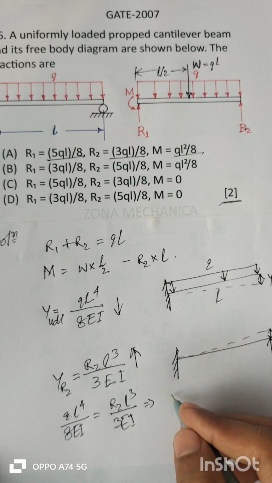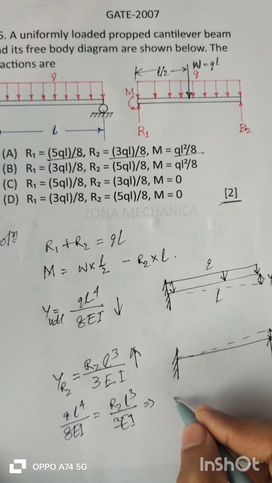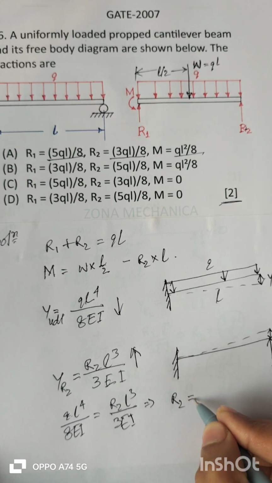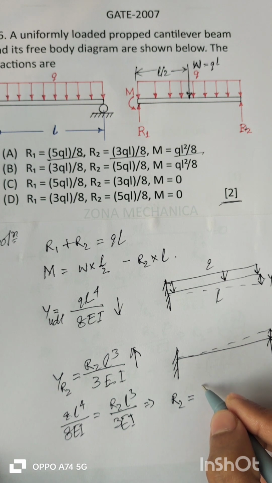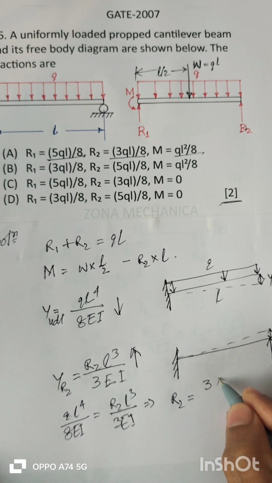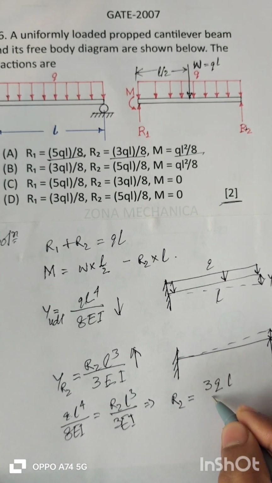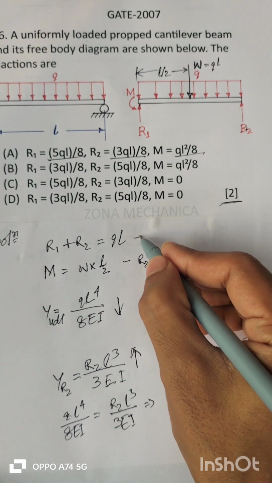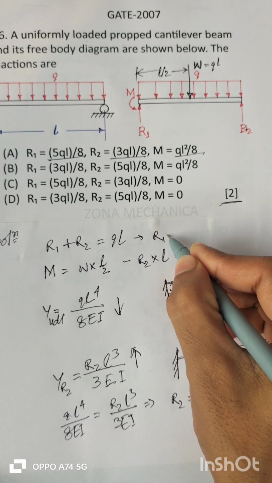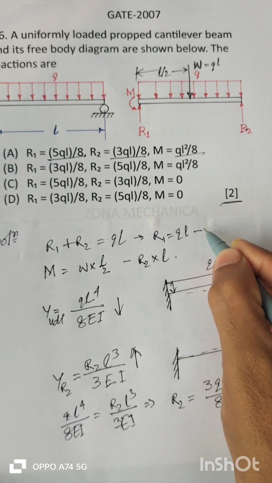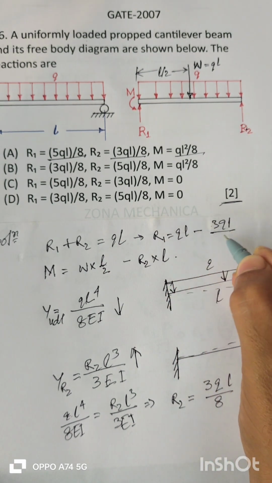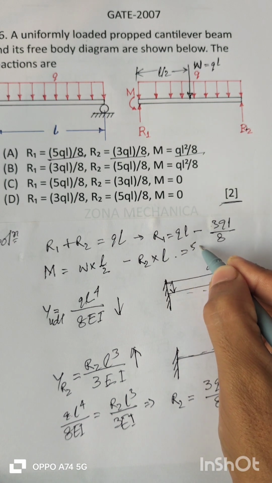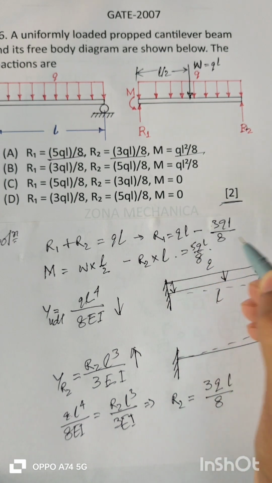So this will give R2 is equal to 3QL by 8. From here we will get R1 is equal to QL minus 3QL by 8, that is 5QL by 8.